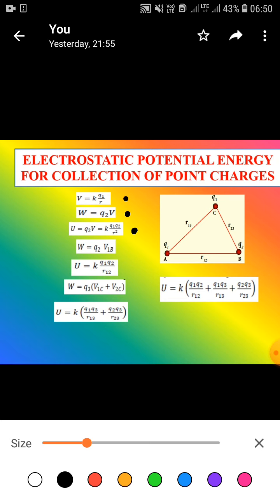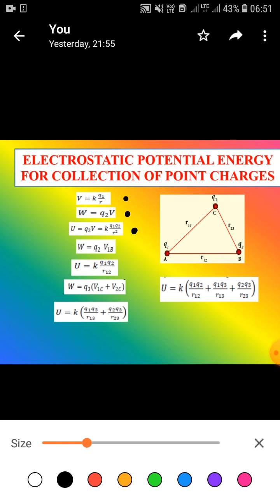At the same time, q2 is fixed and q1 is brought from infinity, or q1 and q2 are both at infinity. Do you understand? That value of work done will be equal to 0. Otherwise, q1 and q2 are both at infinity at a distance r between them.